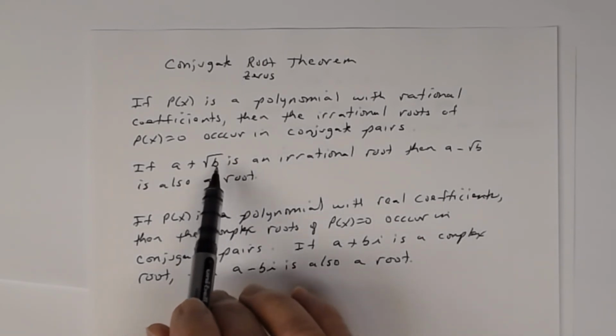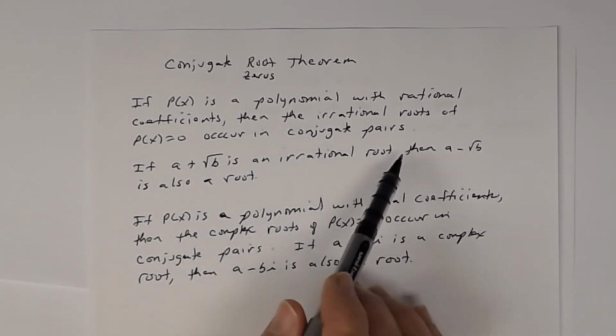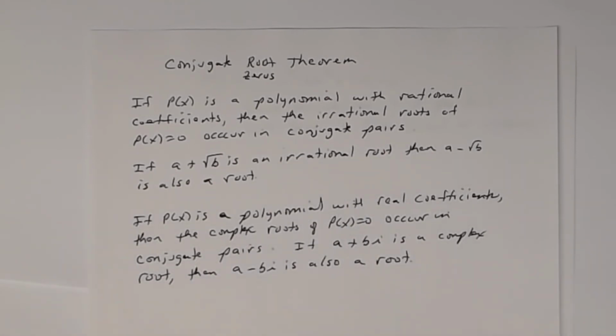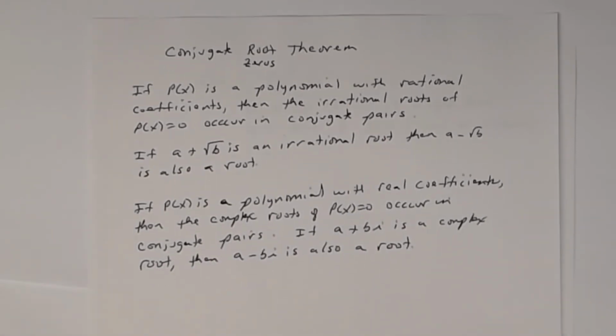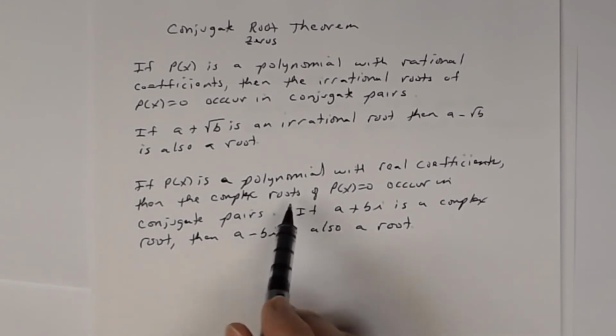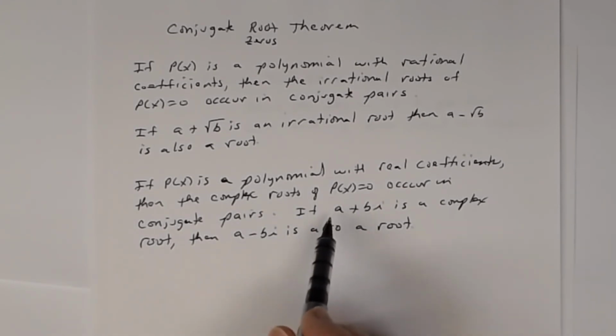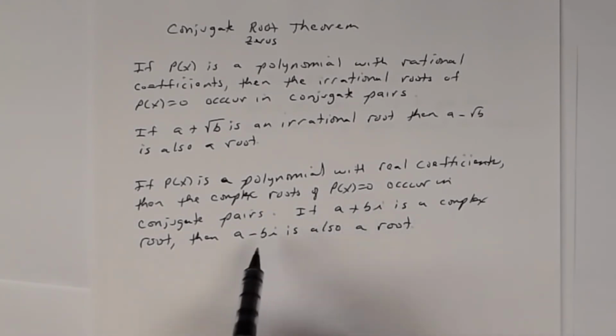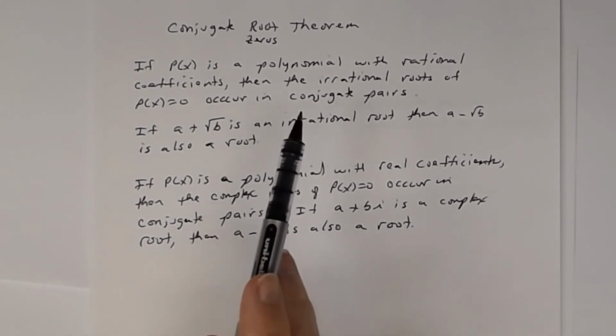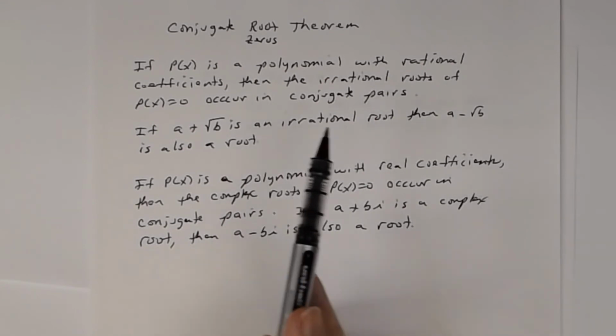So if you have a plus the square root of b, then you're going to have a minus the square root of b as a zero or a root. The same thing with complex roots, the ones with the imaginary numbers. If a plus bi is a complex root, then so is a minus bi. So that's called the conjugate zeros theorem or the conjugate root theorem.